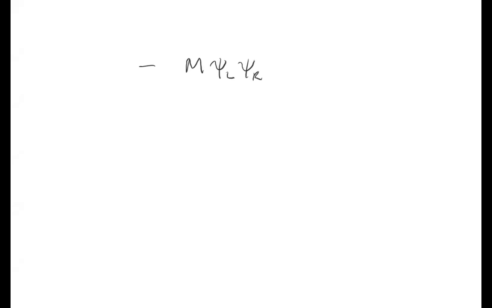And let me write it in a particular fashion to be suggestive. So this M is a matrix of, let's say, up, down, strange quark masses. And I'm writing the quark mass term in this matrix notation.